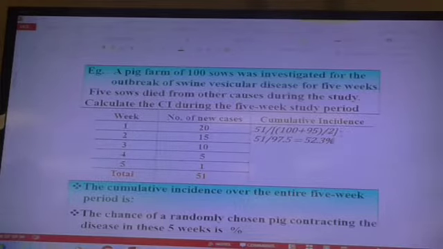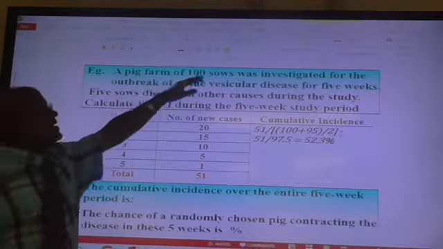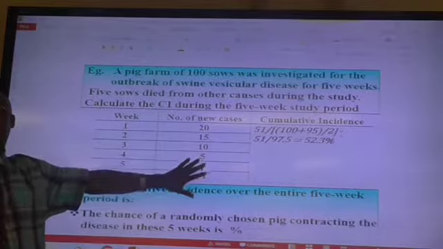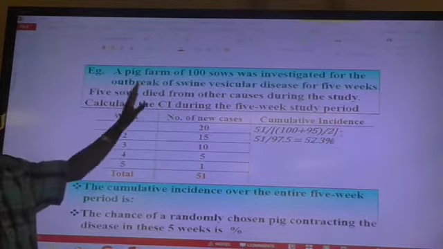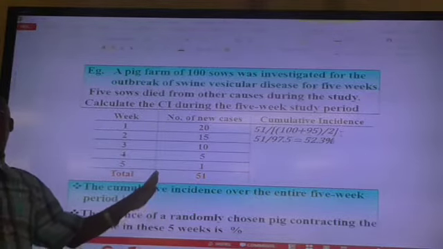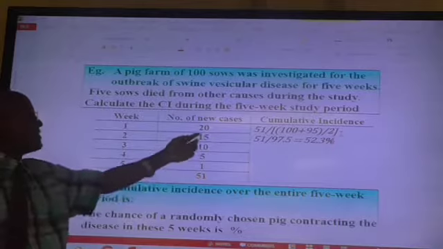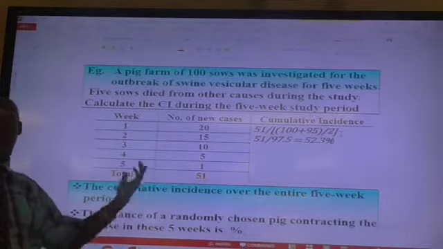If you are looking at the average population at risk during that entire period, all these 100 were not at risk the whole 5-week period. 5 of them already left, so they were not there during the entire period. You don't know when they left. It can be week 1, week 2, week 3, week 4 or week 5.